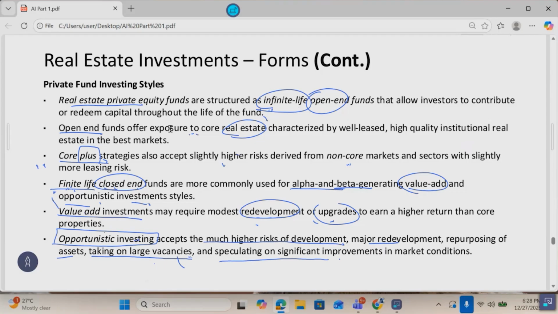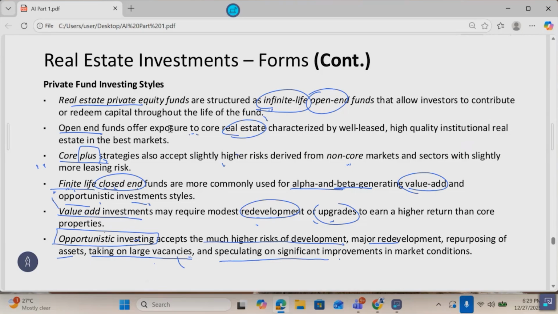So you're trying to look for opportunities that already exist, and you're trying to search for more opportunities. You're trying to sense where I might get a higher value, opportunities that are there but not yet tapped. Maybe vacancies, maybe there are improvements in the condition that may happen. You're trying to spot those opportunities and then invest. Obviously, it is much higher risk.